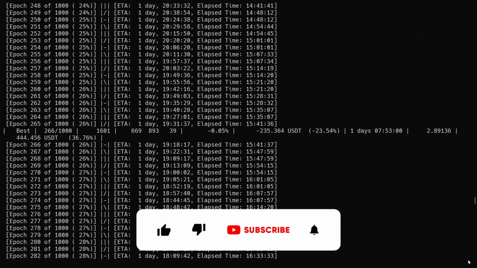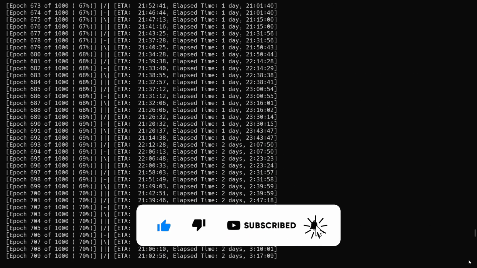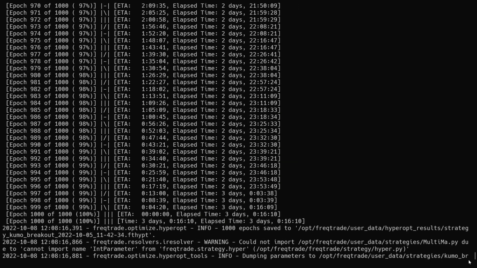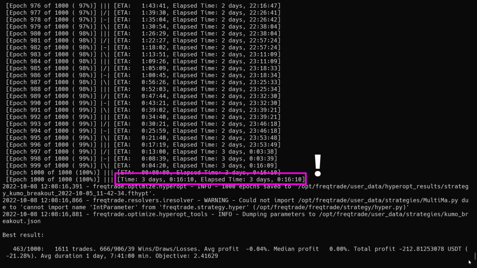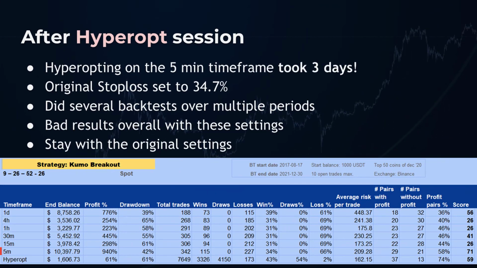Hyperopting this strategy on the 5-minute time frame took me about 3 days to complete, and I could not even do this on the complete backtest dataset, but only on a fractional part, unfortunately. It also did not give me the results I hoped for, as you can see here. It has managed to increase the win rate in comparison to the draws and losses, but you have to take into account the trading fees.